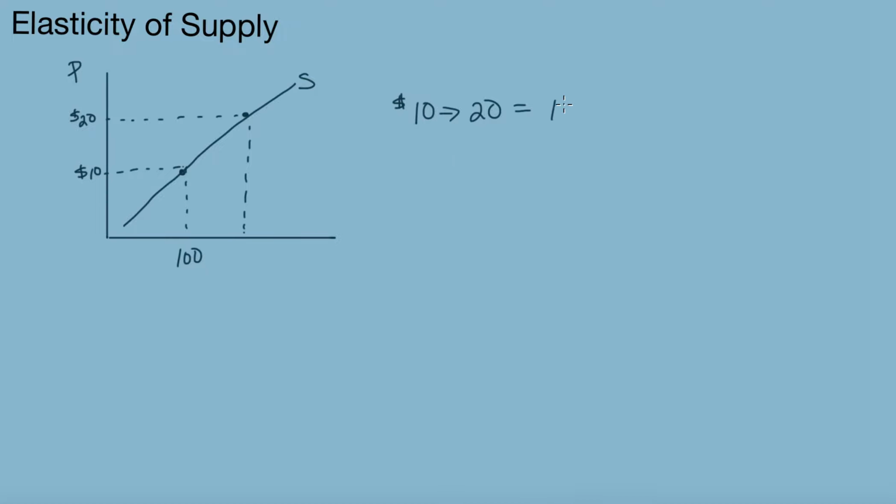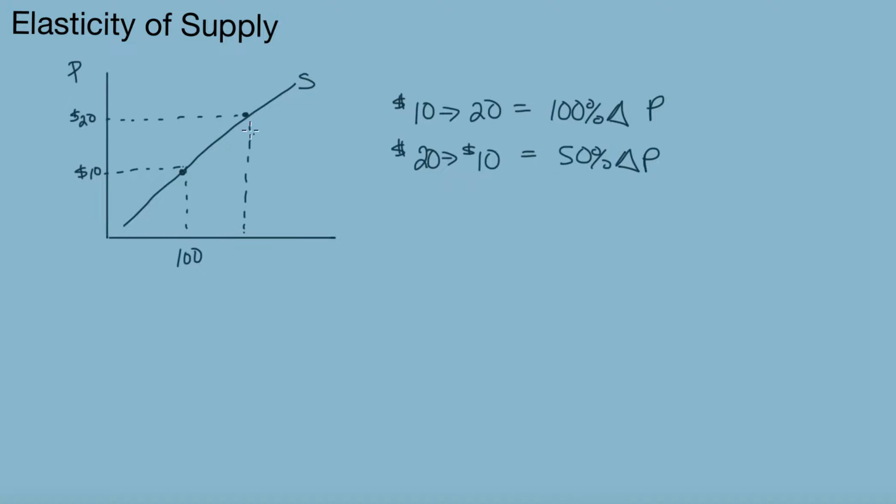That would be a 100% change in price, as opposed to if we're going from $20 down to $10. Here, that's only a 50% change in price. Obviously that's going to change our elasticity of supply very significantly.